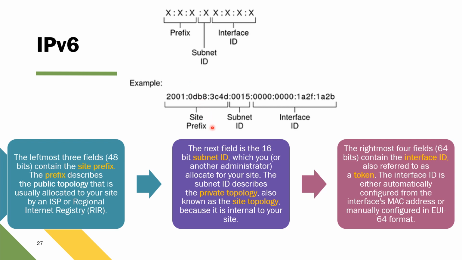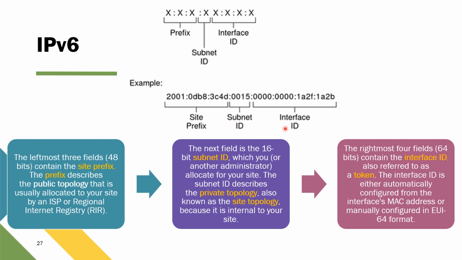So this site prefix is the regional area, let's say Gombak or something like that. Okay, and then the subnet ID is what you or another administrator allocate for your site. For example, for us, it is for the private topology, which is the site topology. Okay, so for example, this is Gombak, and this is the IIUM area.